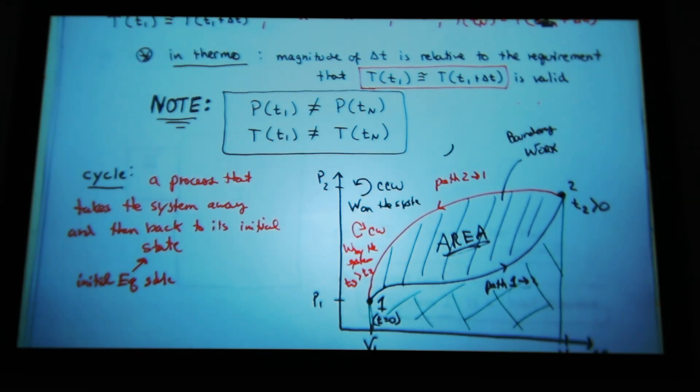So if path 1, the first path, the black one, was above the second path, then you would have an energy producing device like an engine or a turbine. Yes, if it reverses direction, this area would represent the work by the system, and then it would be more representative of an energy producing device, i.e. a turbine, a windmill, whatever it might be.